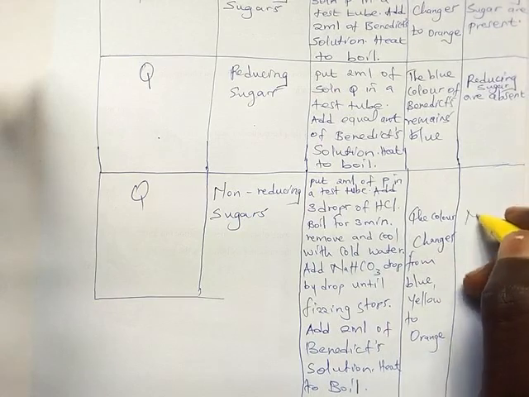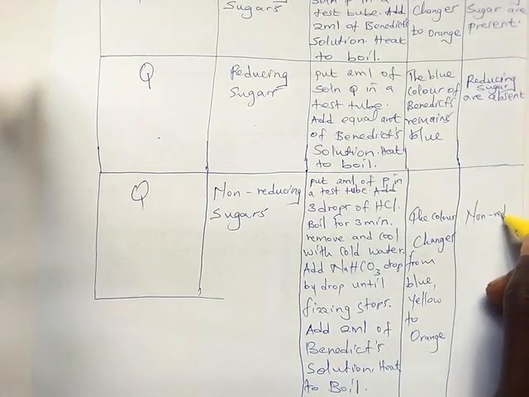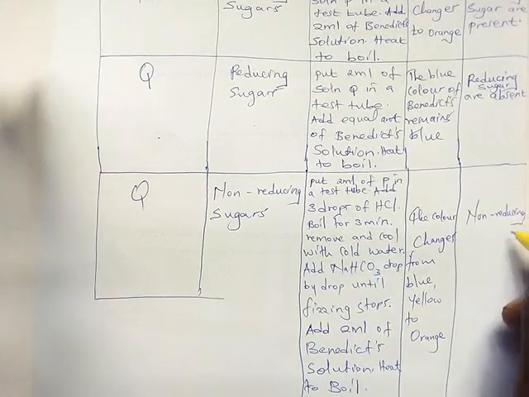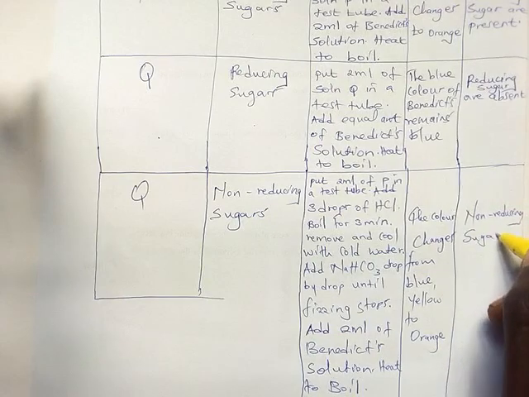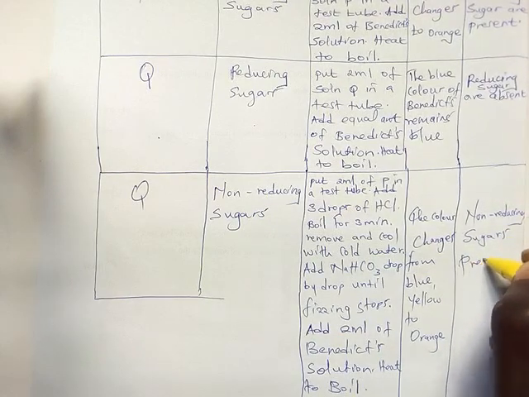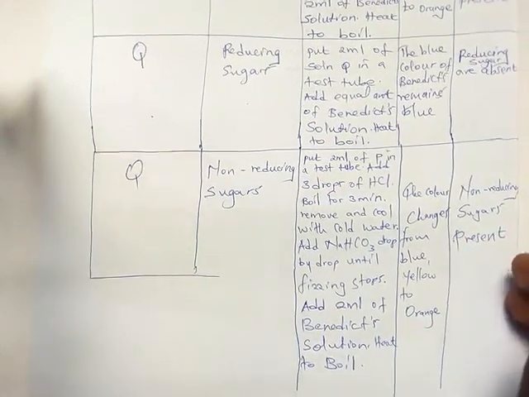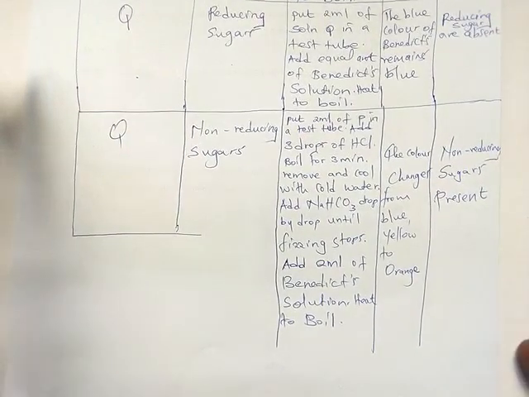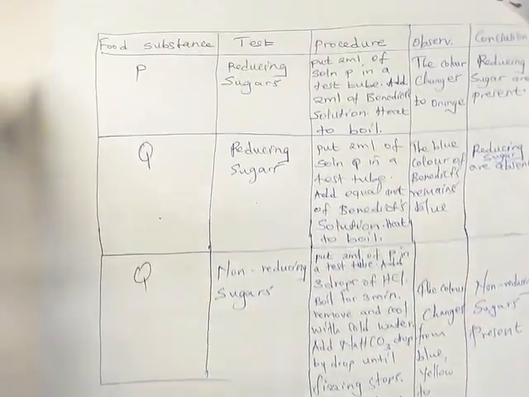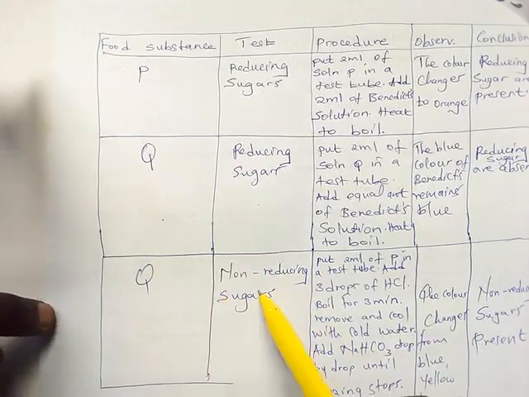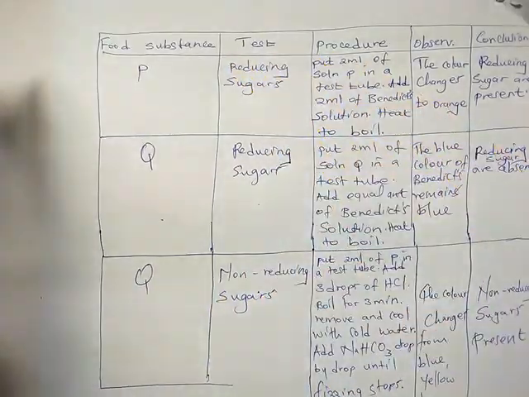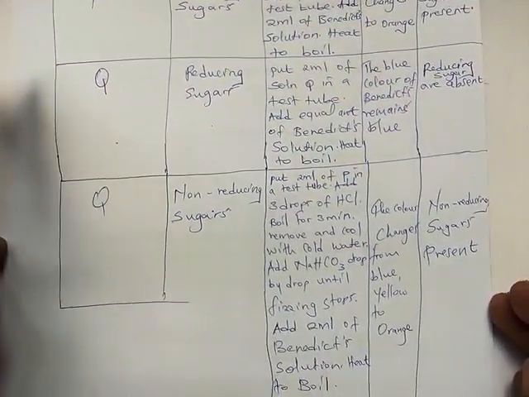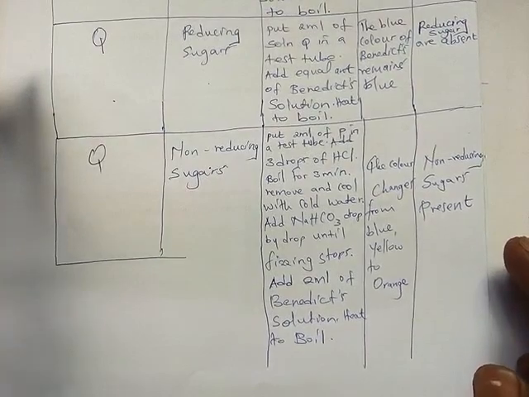Then you see non-reducing sugars are present. Then you get your 12 good marks. Also, you can test the non-reducing sugar using Q. Then you will get your good 12 marks.